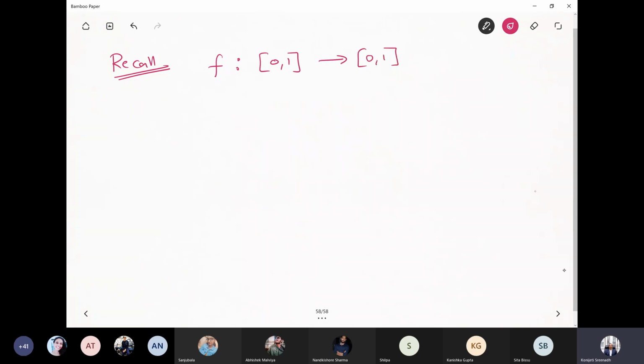If this function is a contraction, and it is a continuous function, of course, from contraction you can show the continuity, then f has a fixed point.